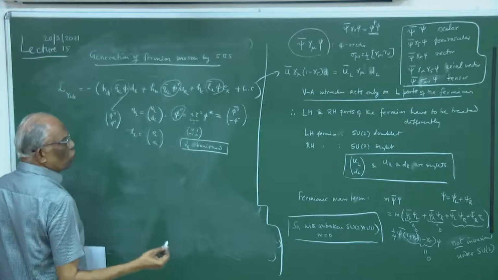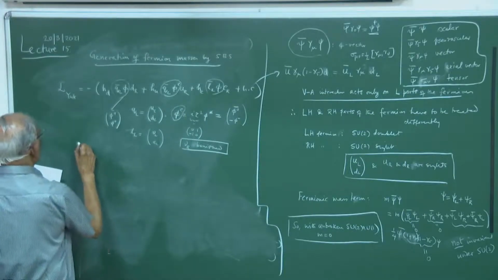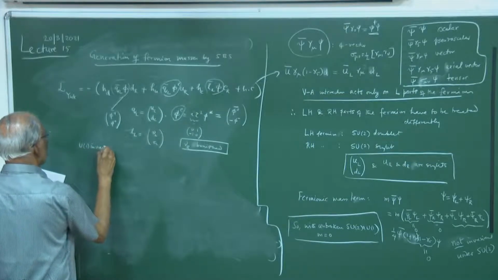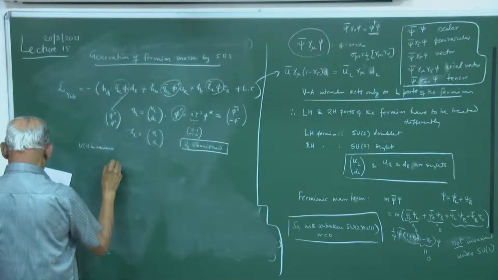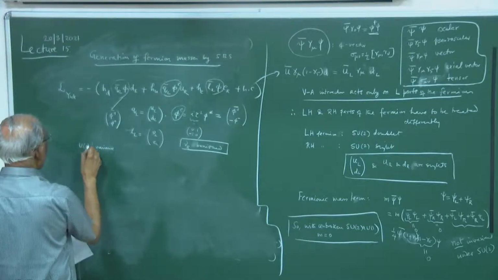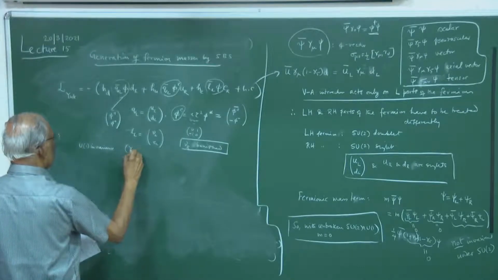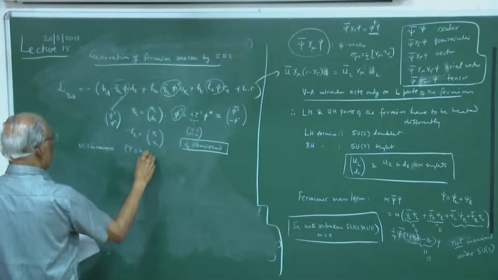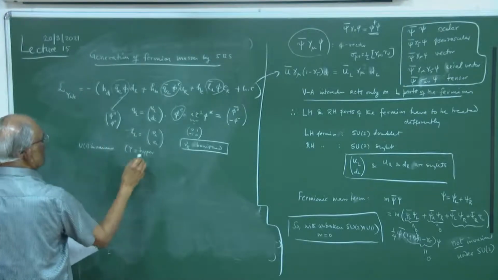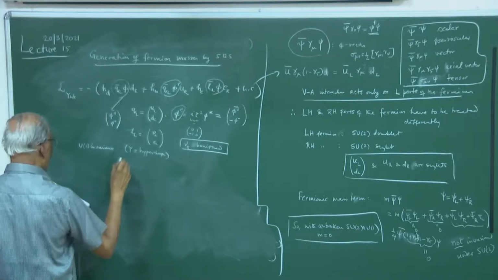What about U1? Because it's an SU2 cross U1 theory. So U1 invariance. U1 invariance also, the generator of U1 we call hypercharge. Again, I am using isospin language here, the old strong interaction language, hypercharge.